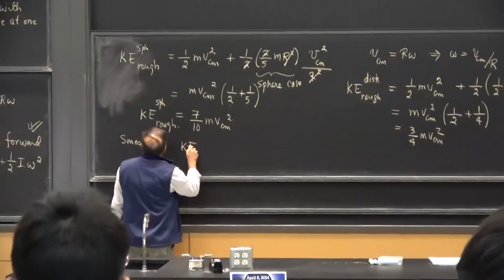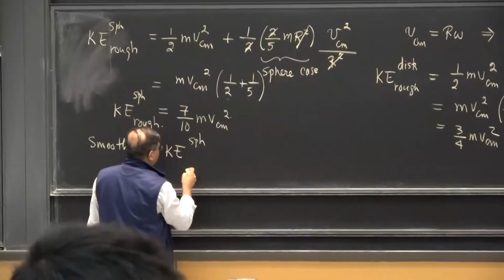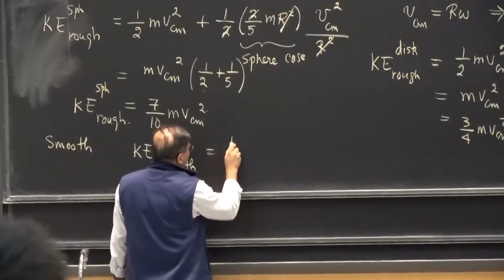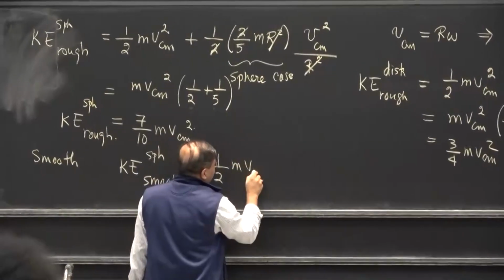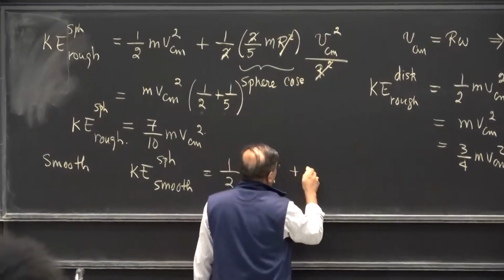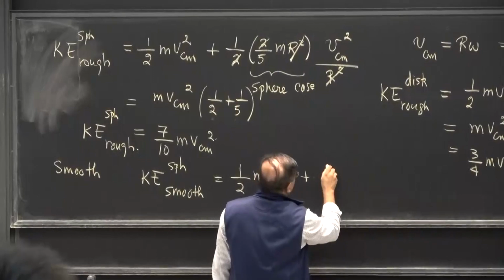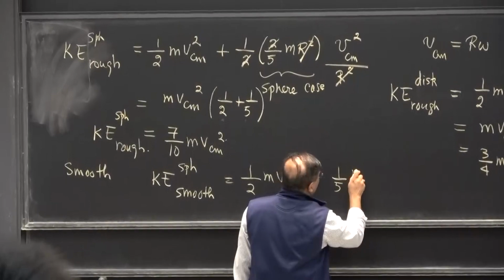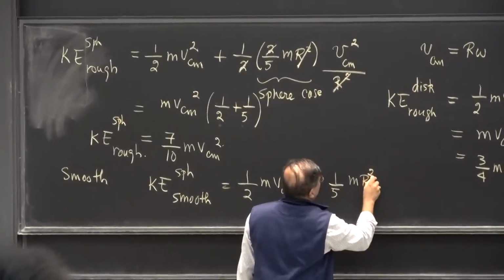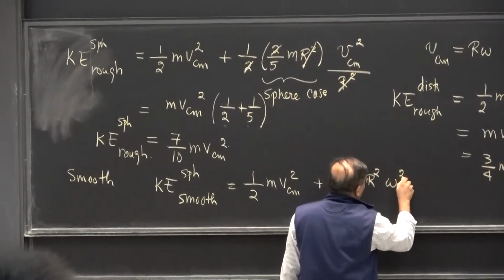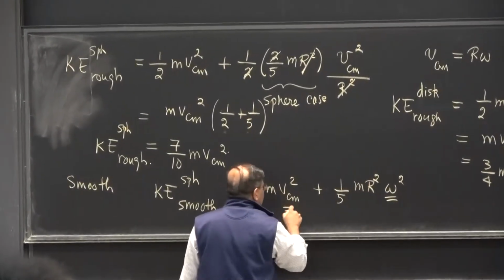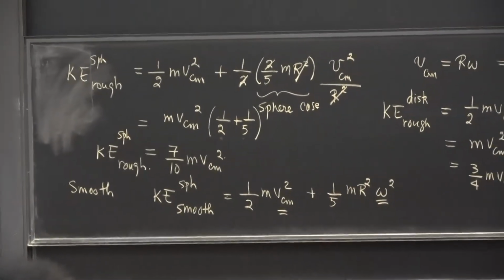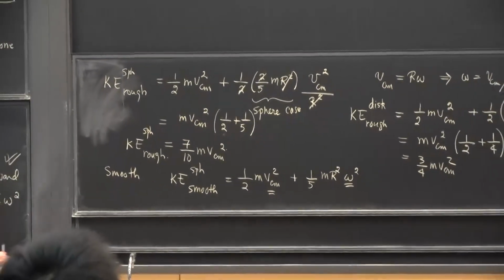So kinetic energy for a sphere, when you have a smooth surface, meaning an icy surface in this case, I would once again have 1/2 m v center of mass squared, and I would once again have 1/2 times 2/5 m r squared, but I have to write omega squared here, because this omega and this v center of mass are not going to be related, because the no slipping condition is not valid, because it's smooth.